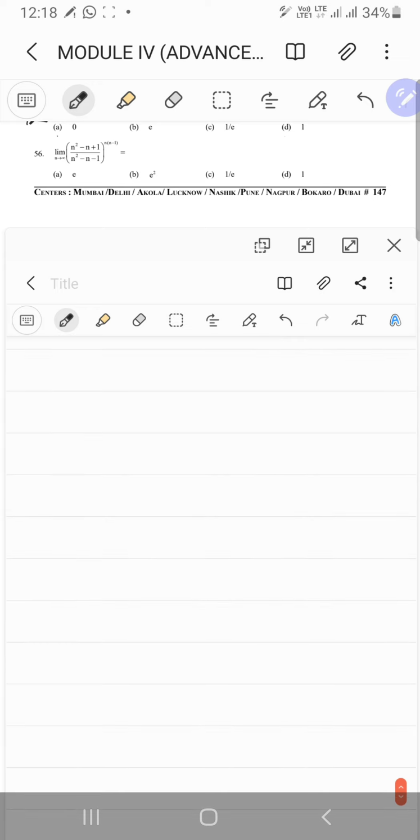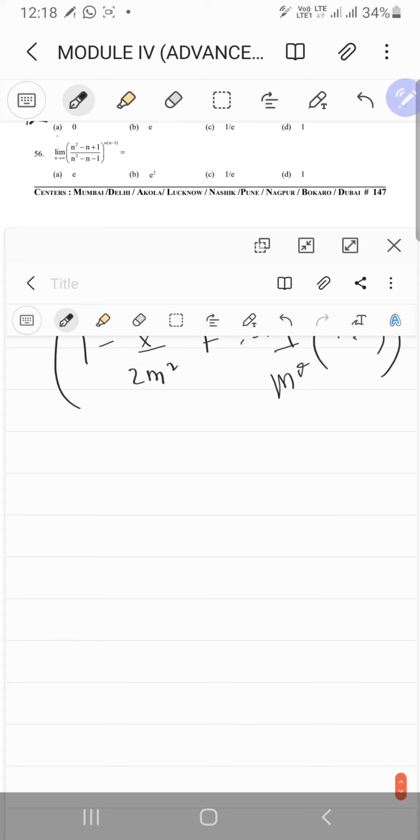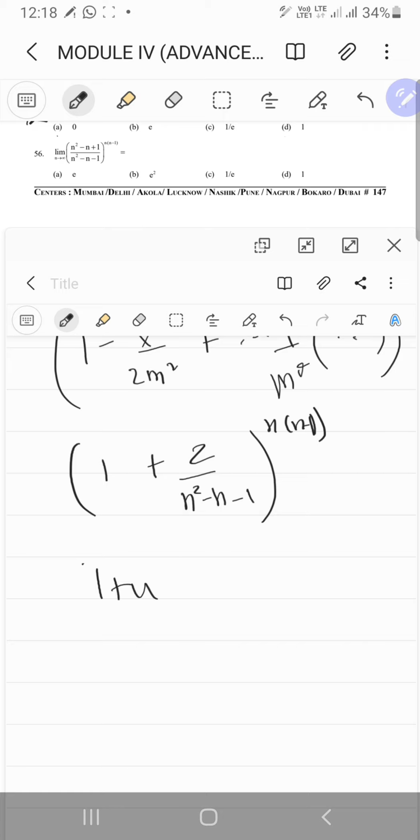N approaches infinity of n squared minus n plus 1 upon n squared minus n minus 1. I think this is doable. This one is like a little more doable. So this should be 1 plus 2 upon n squared minus n minus 1, raised to the n into n minus 1 thing. So this is just 1 plus u raised to the 1 upon u, that thing raised to the u times all that stuff. So this should be 2 upon n squared minus n minus 1 times n squared minus n.